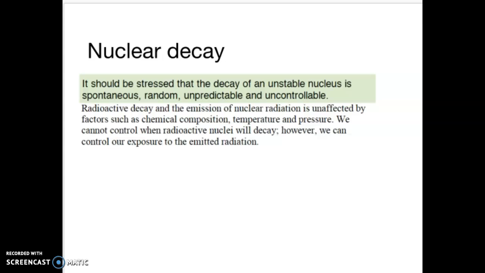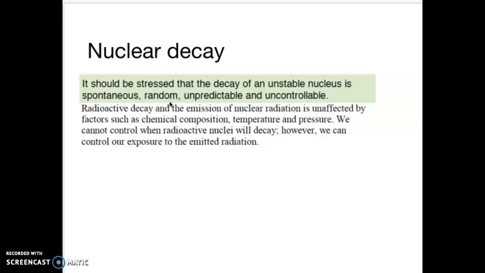Nuclear decay is when a nucleus is radioactive or gives off radioactive emissions naturally. Nuclear decay is spontaneous. Now, spontaneous is a very important term. It means that it will happen regardless of environmental conditions. It's random. Random is another defining word.